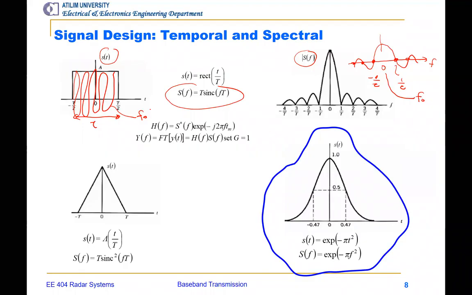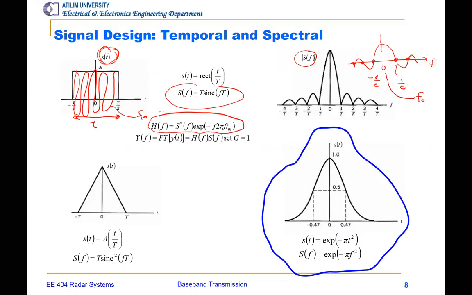Now, suppose that I'd like to use such a waveform, and what will happen in frequency domain, or is this the most appropriate waveform to be used in radar signals? Let's try to understand this. Once I design this signal, I choose this signal, I automatically choose the filter actually, right?